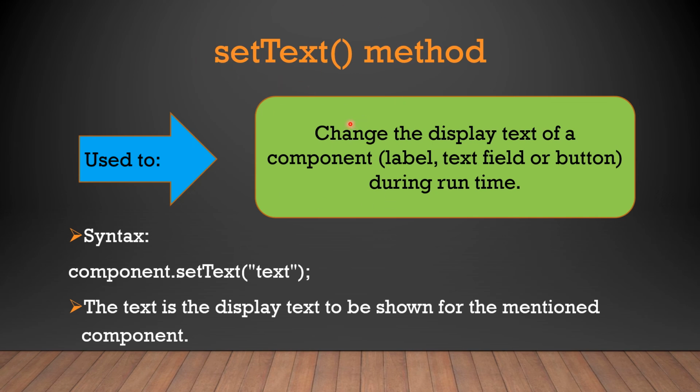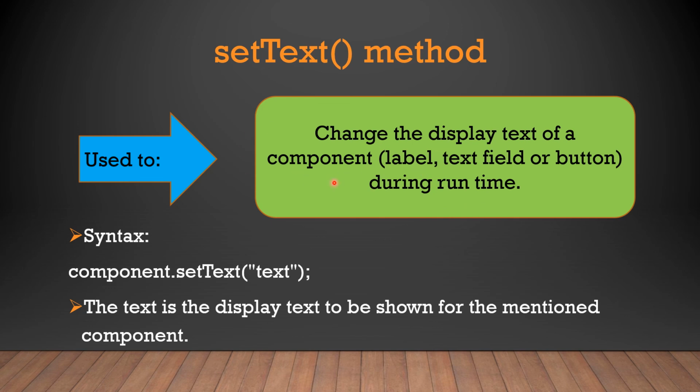As in the example we just used, when we clicked on the morning button, the text was displayed in the first text field as good morning. So that is how the display text was changed during runtime.